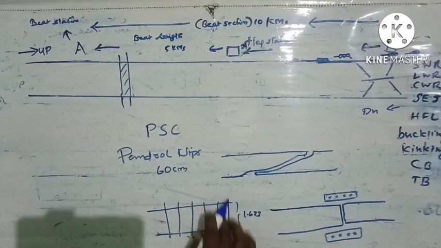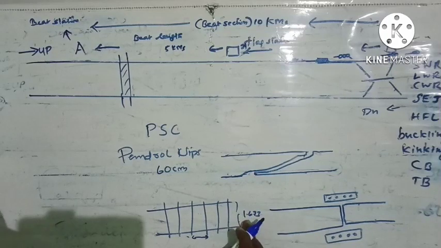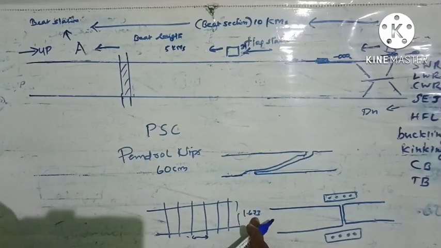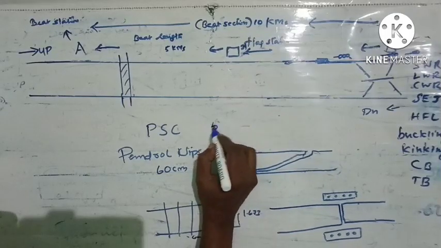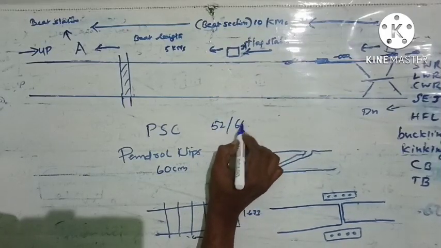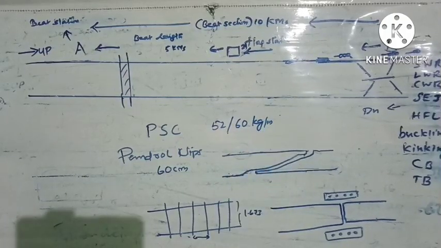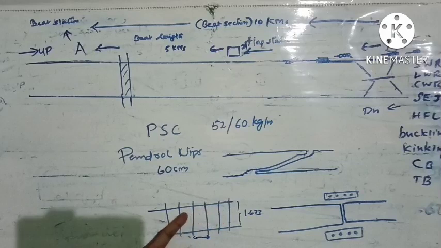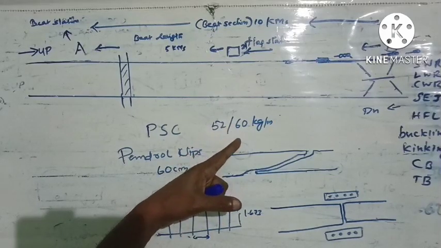If it is broad gauge, then the distance between the two rails will be 1.673 meters. Nowadays the rail used will be 52 kg or 60 kg per meter. That is, a meter of this rail will weigh 52 kg or 60 kg.